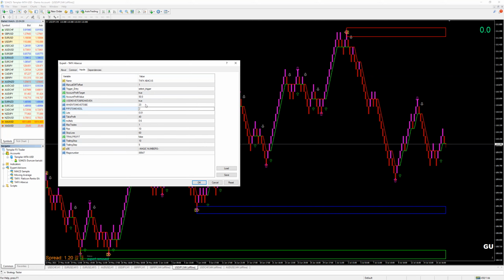The meaning of this 23 is that according to our observation, across all pairs here, almost all pairs have one brick containing more than 10 pips, from 10 pips and above. And according to our observation, after two bricks it is very impossible for the market to reverse to your entry point.